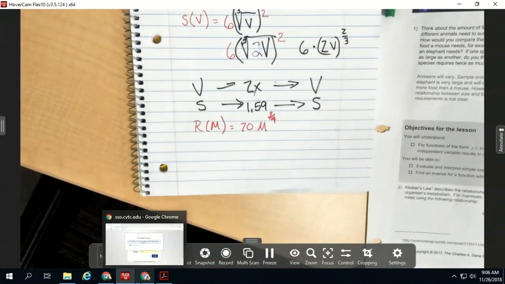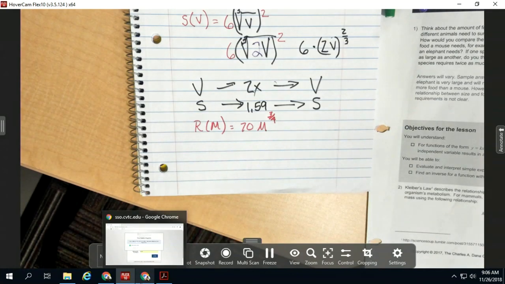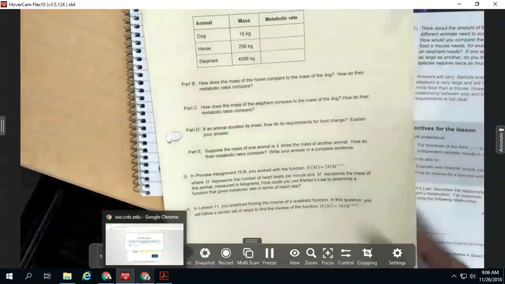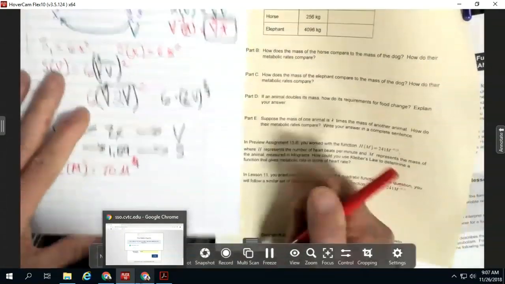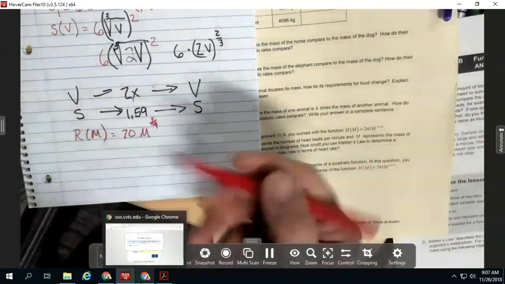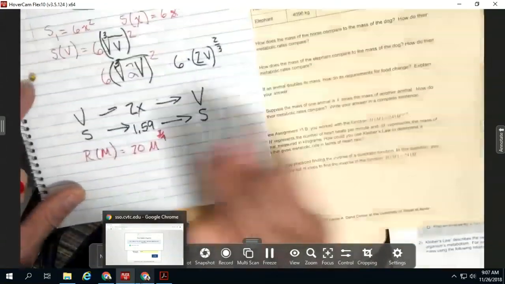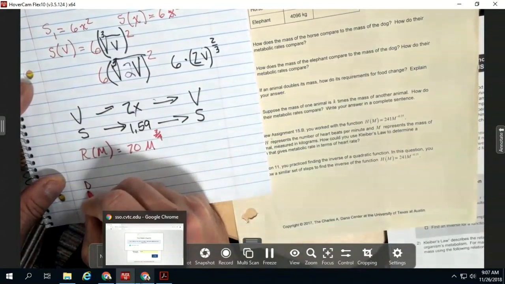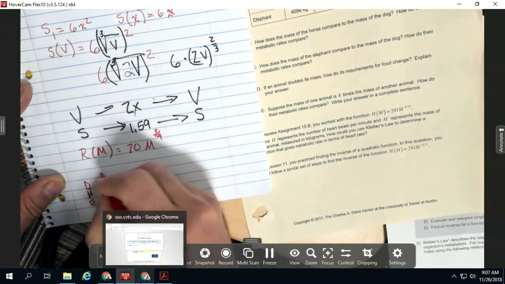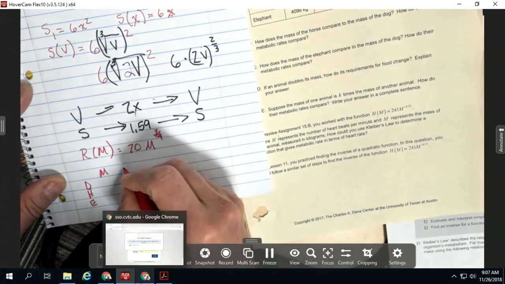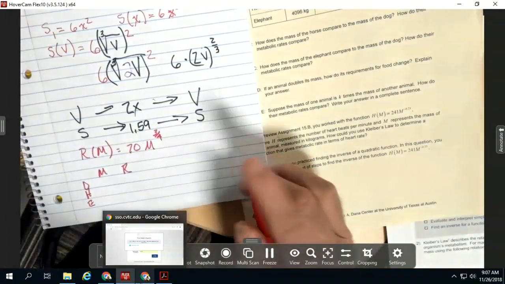On the next page, we're going to fill in this chart for the mass they give of a dog, a horse, and an elephant. We're going to just take those three and multiply them out. Dog, horse, elephant, mass, and then R is metabolic rate.